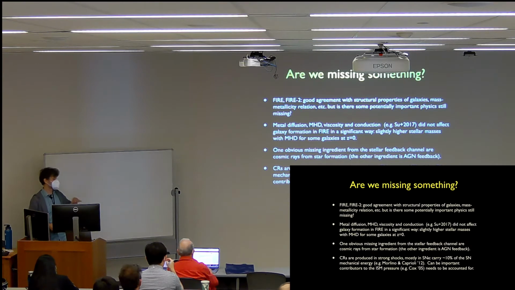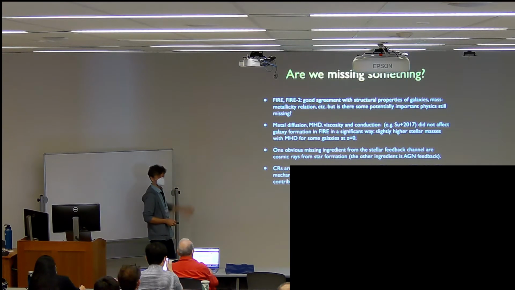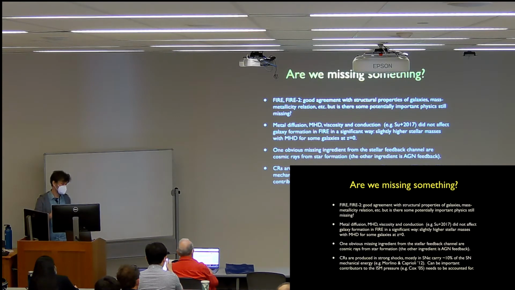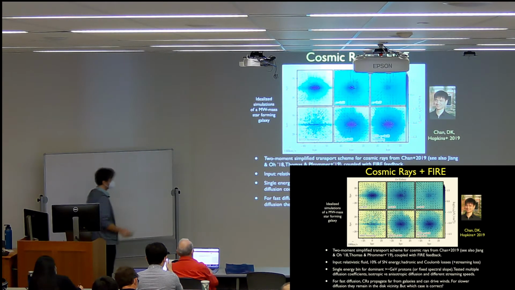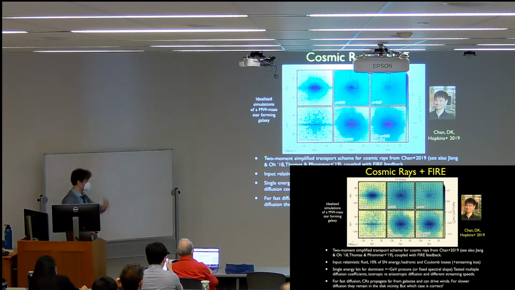The way we accounted for cosmic ray feedback is that we developed, mostly Phil Hopkins and my student TK Chen, a two-moment simplified transport scheme for the transport of cosmic rays, and we couple it with FIRE feedback. Similar schemes are also available from other groups. We inject a relativistic fluid with 10% of supernova energy.